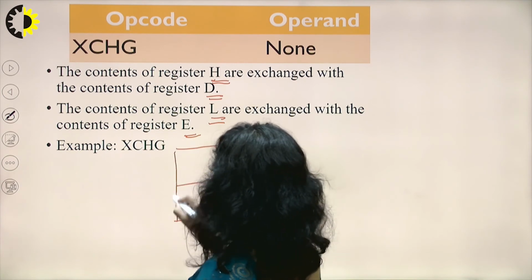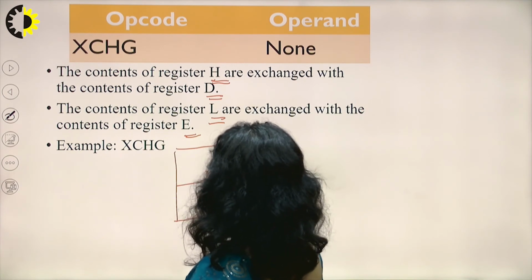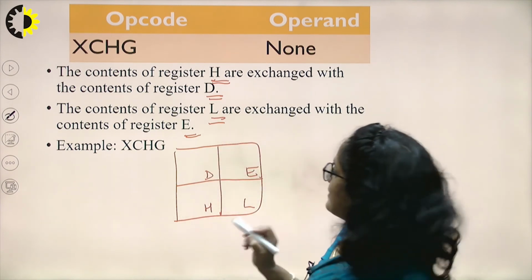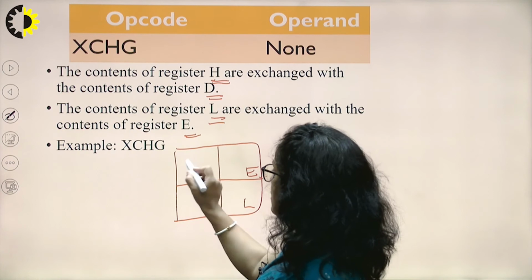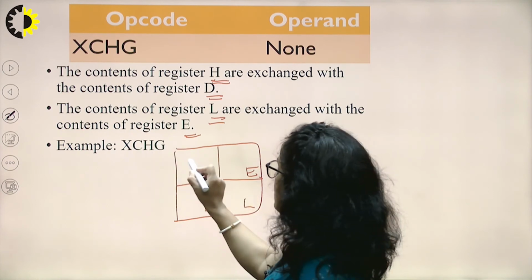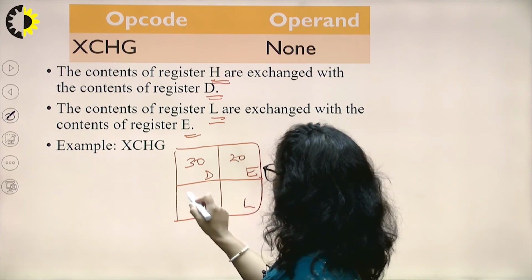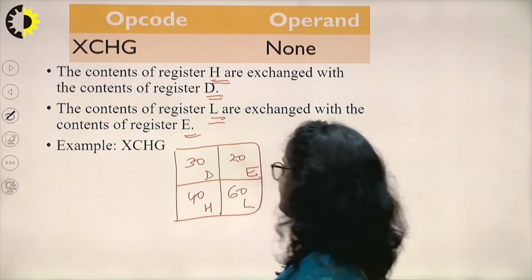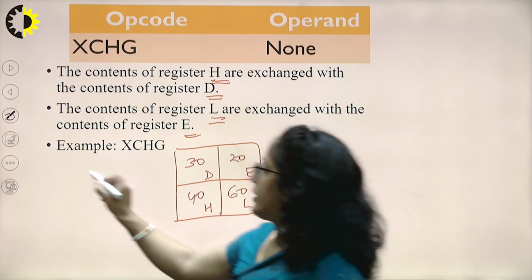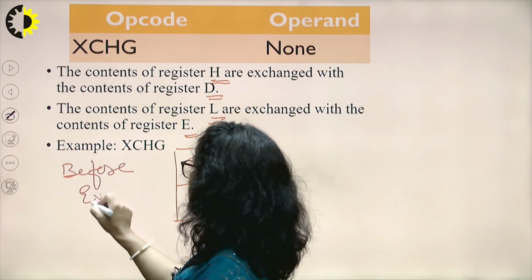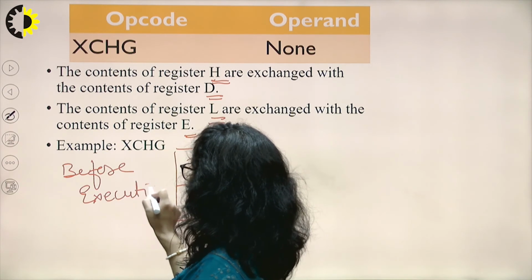So I am drawing again, only taking the D register and the HL pair. Let's take an initial condition that before execution of this instruction the values are 30, 20, 40 and 60.